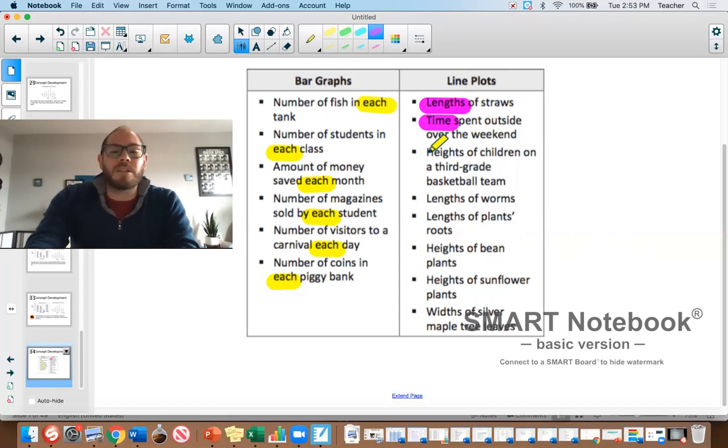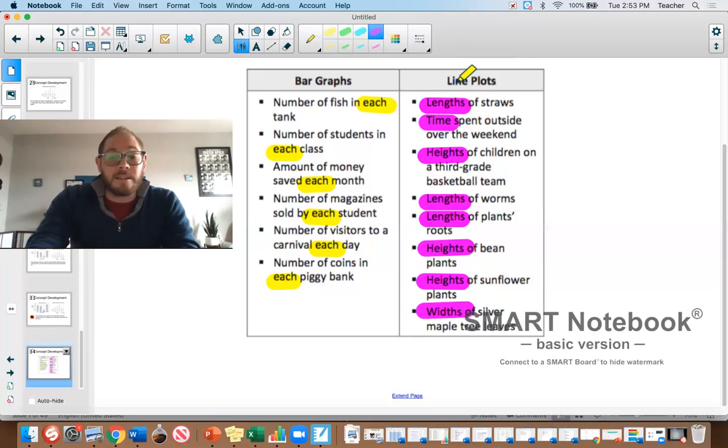I would use the line plot to show the heights of children on the 3rd grade basketball team, the lengths of worms, the lengths of plants' roots, the heights of bean plants, the heights of sunflower plants, and the widths of maple tree leaves.